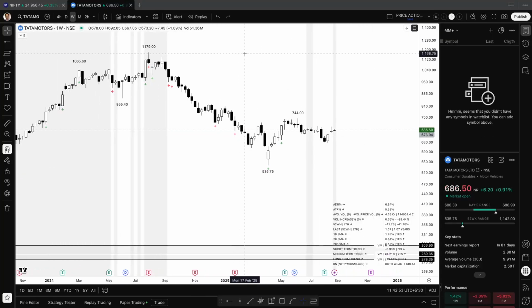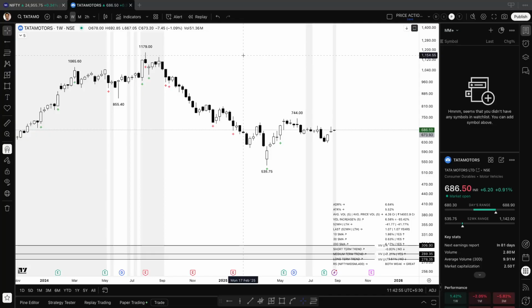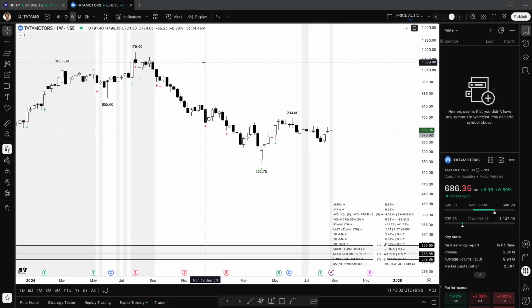Also, our system gave us two signals to exit on the Tata Motors. One was on the daily chart, it broke, means it came down again and entered into the VIV high. And if you look at this weekly chart, the background, means trend, our system told us that trend has some problem, trend is changing, exit.